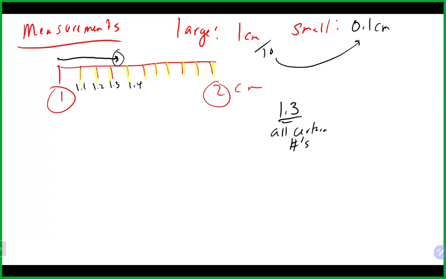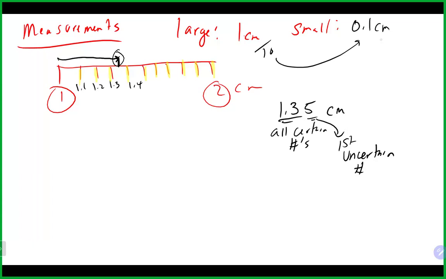But as we saw, there is some type of estimation, so you want to think about whether it is half, more than half, or less than half. Then you would record another digit here, and that would be your first uncertain number, sometimes referred to as the estimated number. And that would basically be your measurement.